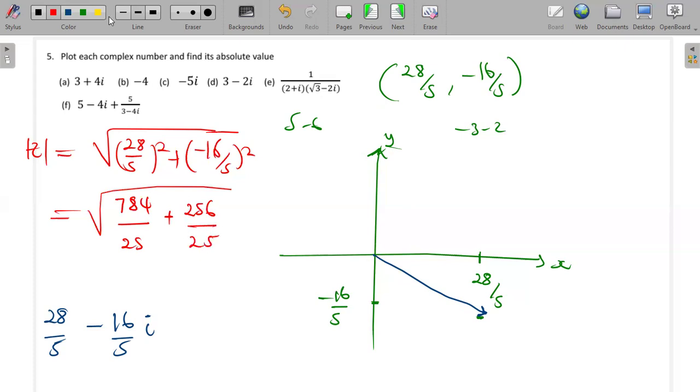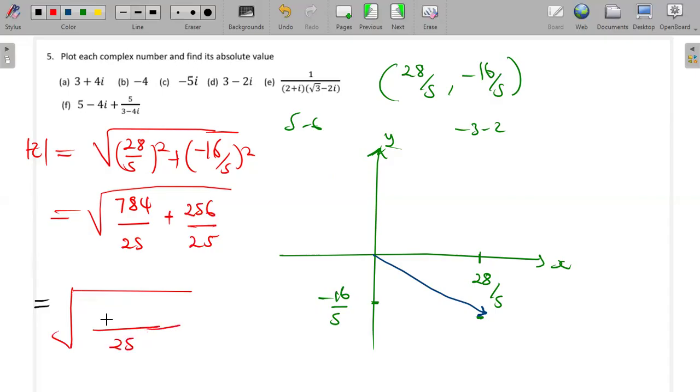So I can write this as a single fraction inside there, but still having the root, of course. So this is going to be equal to the square root, over 25.